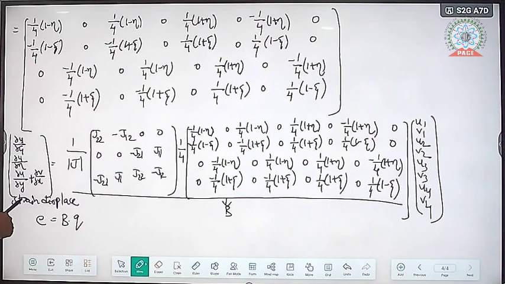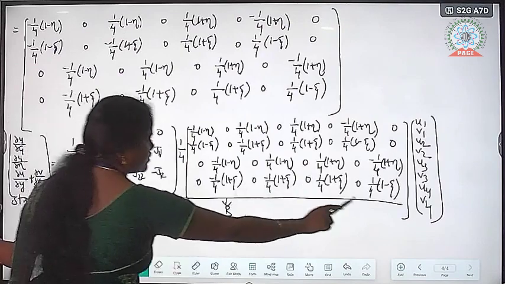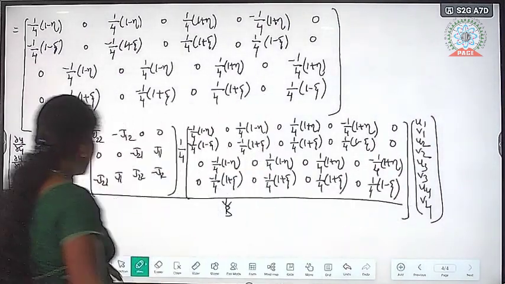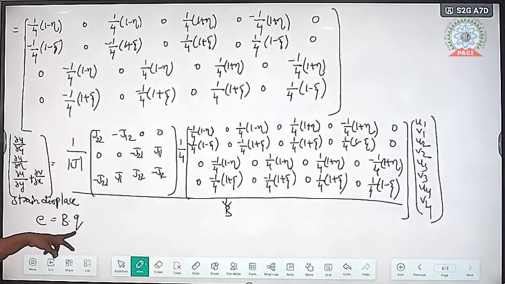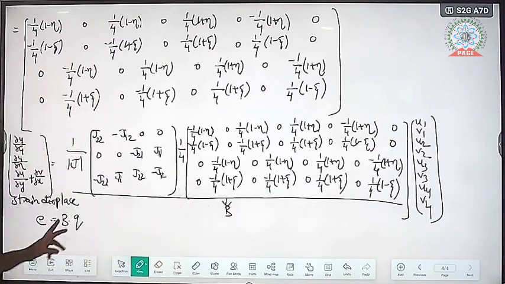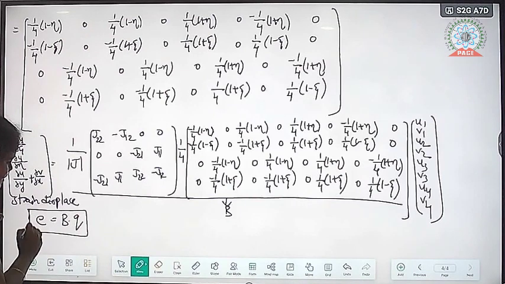So this is the strain displacement matrix, this is the total B matrix, and this is the displacement matrix. The displacement matrix is written as Q, the strain is written as E, and the middle total will be written as B. So finally we get the Jacobian matrix into this equation matrix. Okay, thank you.